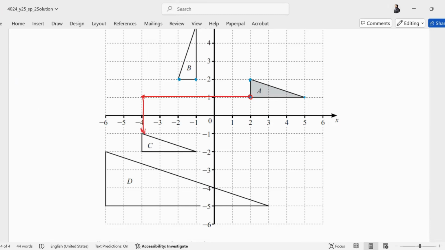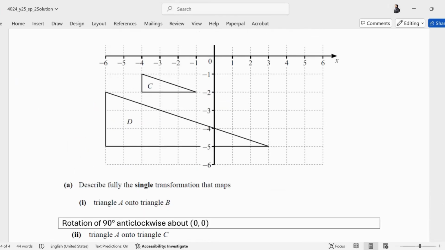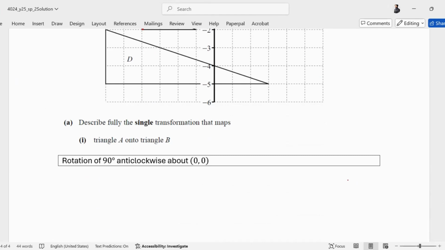And how much am I moving in the y direction? So I'll go till that point. 1, 2, and 3, negative, because I'm going down. So it is a translation by, if I have moved to the left, that means negative in x, 6 steps in x, and 3 steps in y, both are negative.